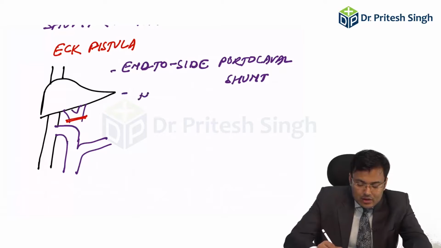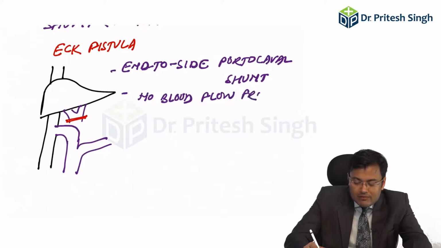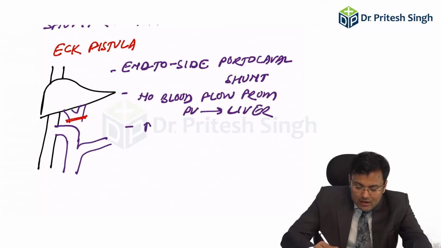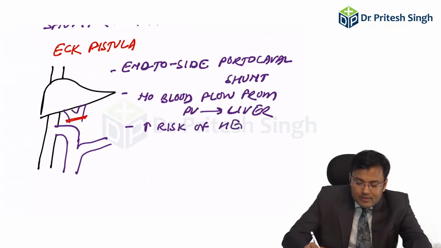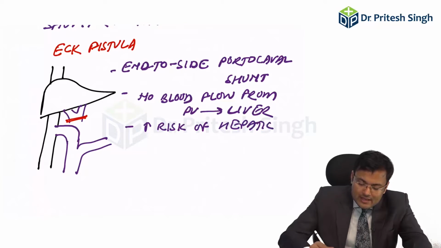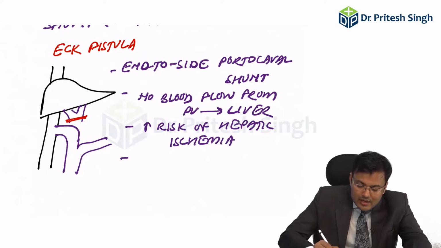In this, there is no blood flow from portal vein to the liver. Because of this, there is increased risk of hepatic ischemia, and because of increased risk of hepatic ischemia and complication, it's of historical importance only.